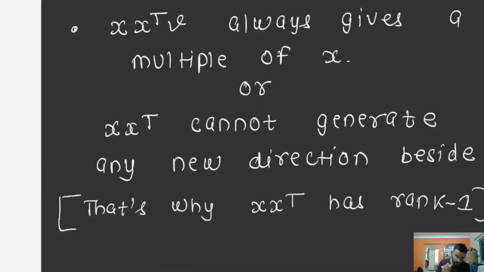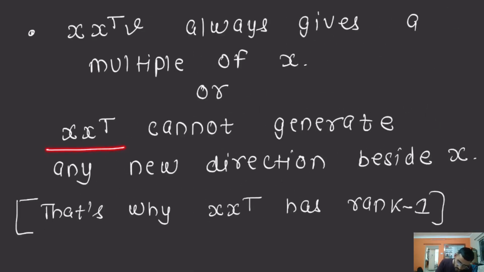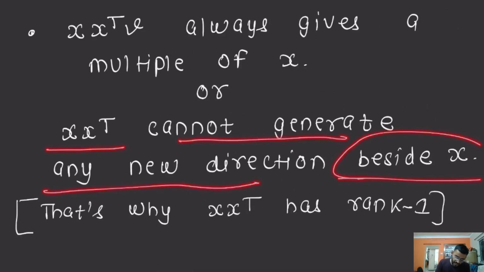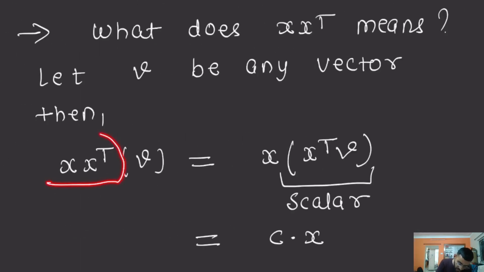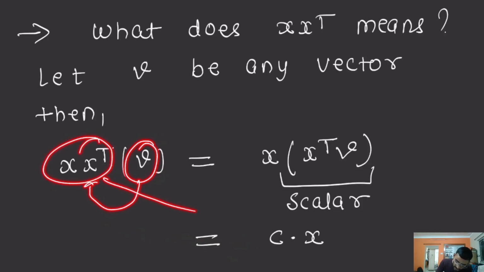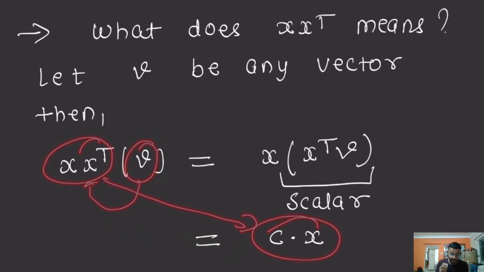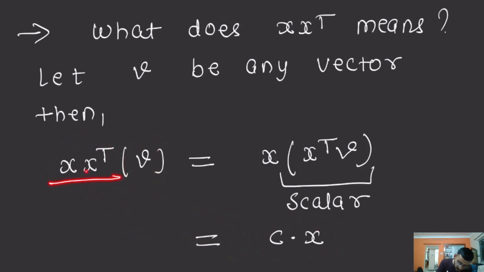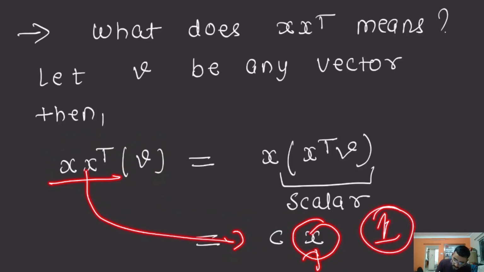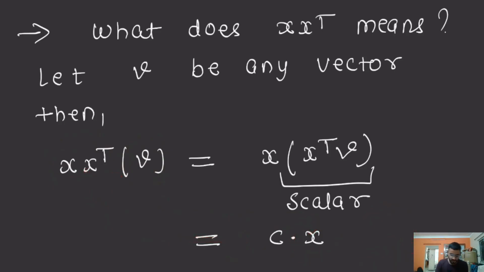Second thing is xx transpose cannot generate any new direction besides x. Whatever V we take, xx transpose always generates a vector in the direction of x only, and in only one direction, which is the x direction.